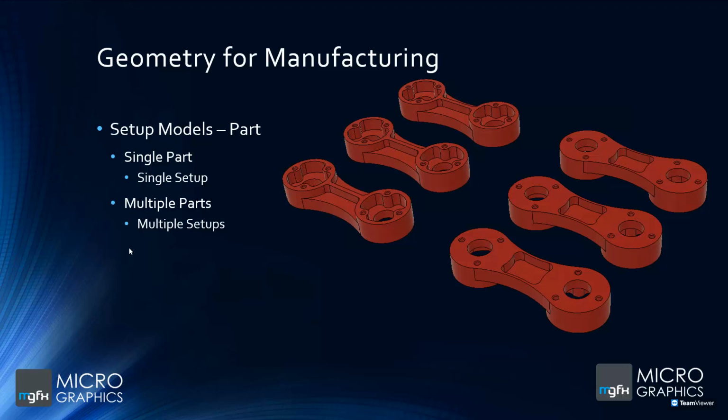In the image here on the right-hand side, we've got multiple parts shown in multiple setups. Now, typically the section that I'm going through would be geometry that historically would have been created in the design workspace.